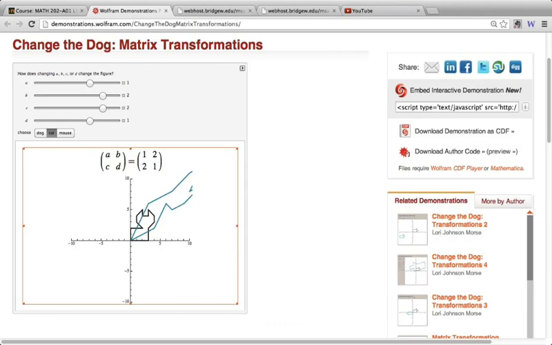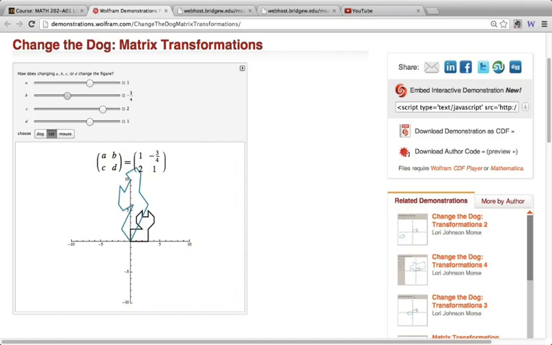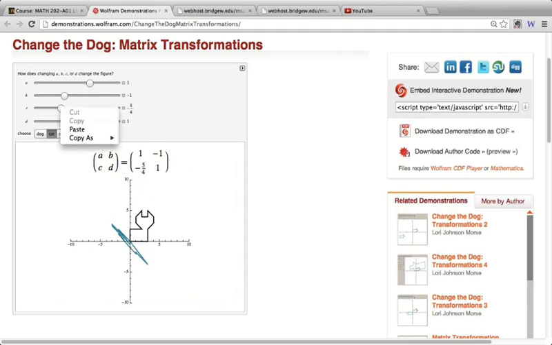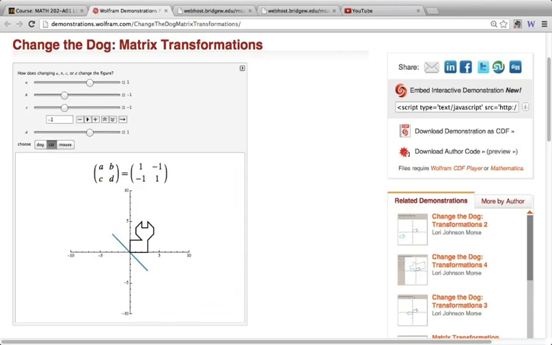There's one more kind of transformation I left off the list, because it is qualitatively quite different than the others. Let's take a look at this matrix. 1, -1, -1, 1. Let's do it this way.